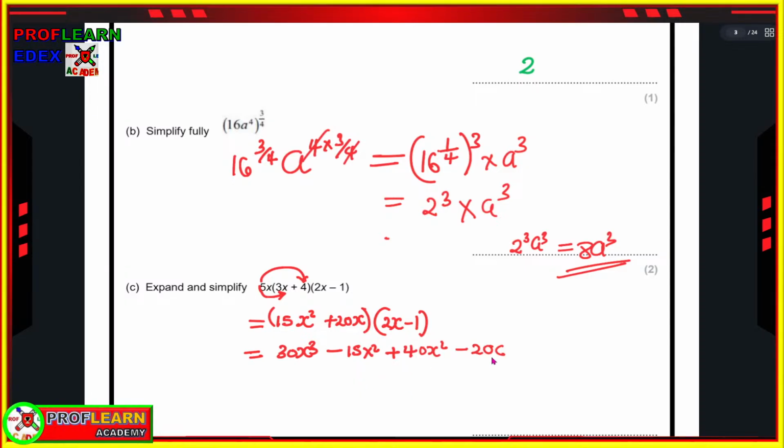So basically we are going to have our expression reducing to 30x cubed, minus 20x, minus 15x squared plus this. What does it reduce to?